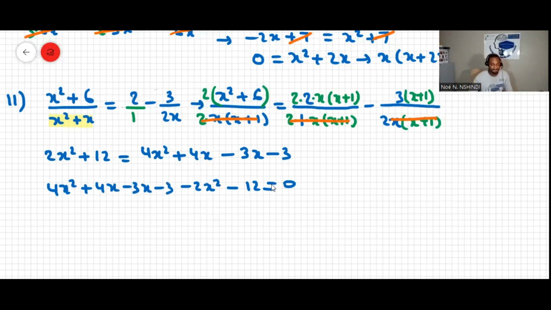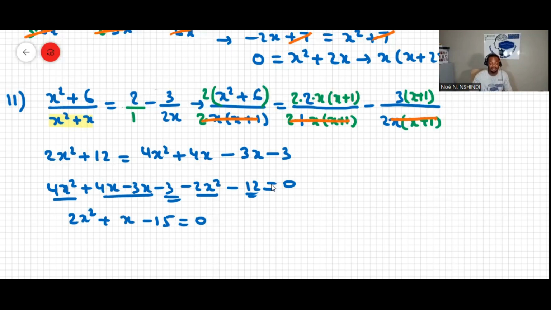Now you notice that we can simplify 4x squared, and that one makes 2x squared, and then all this makes positive 1x, and then this and that makes negative 15 equals 0. Now again, we have a form of a quadratic trinomial. So what we can do, we factorize.